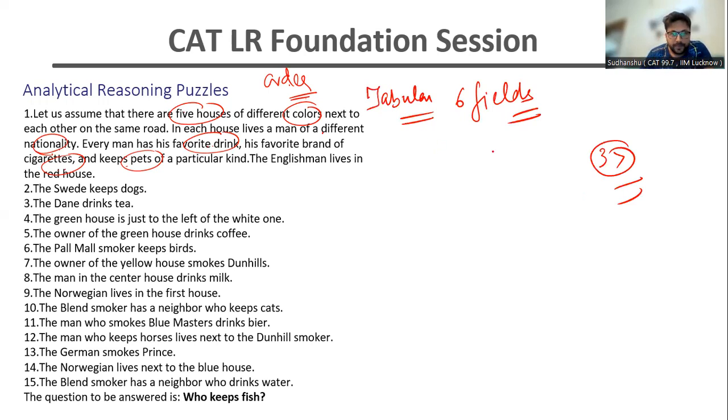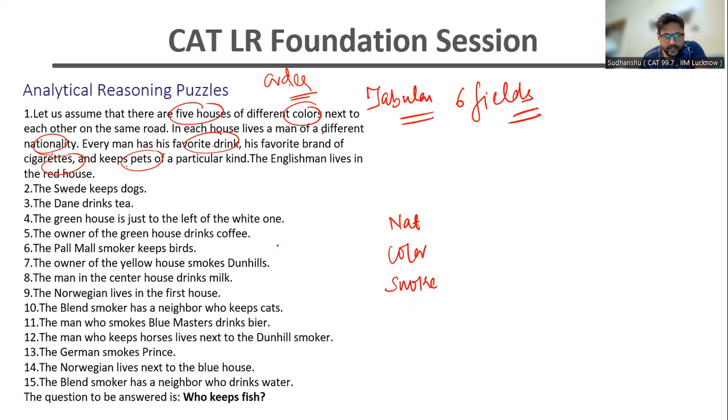Let's do this. So what I have to do here is draw these fields. So let us see. Let's take nationality. That's one field. There is one more field, which is, let's say, color of the house, right? Let's say there is the smoke that they are doing.